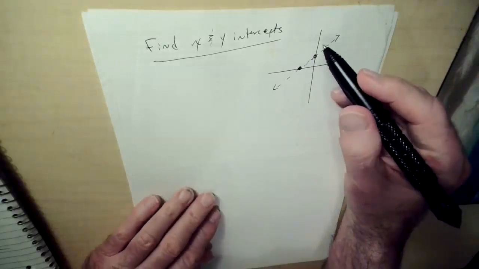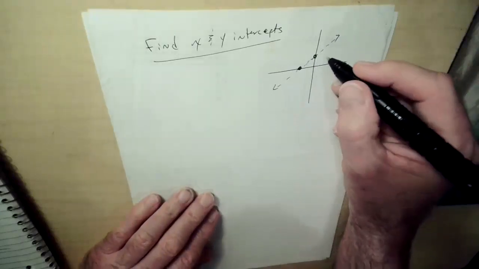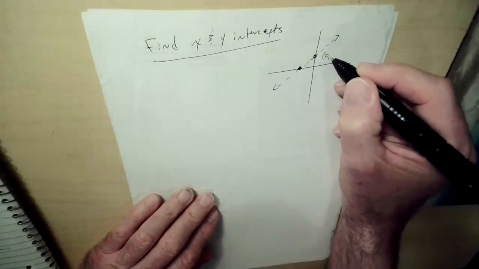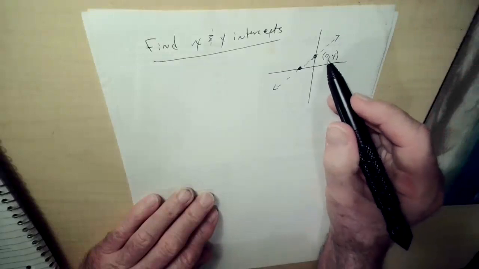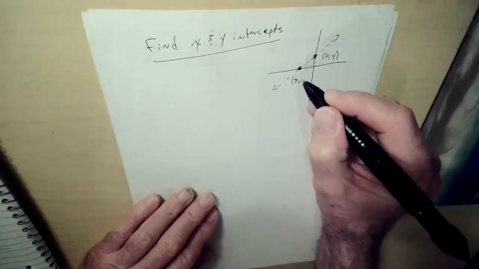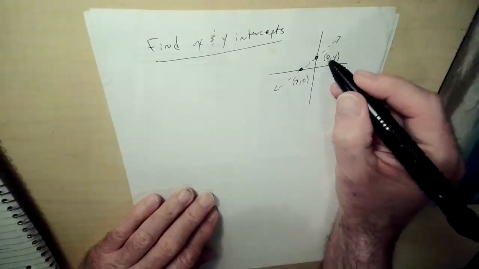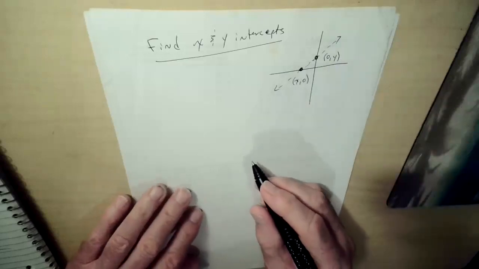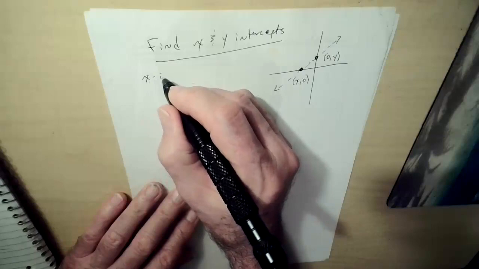The x-intercept is going to be right there, and the y-intercept is going to be right there. The coordinates of the y-intercept are going to be (0, y), and we don't know what y is. And the x-intercept is (x, 0), because it does not go up or down. This one does not go left or right.